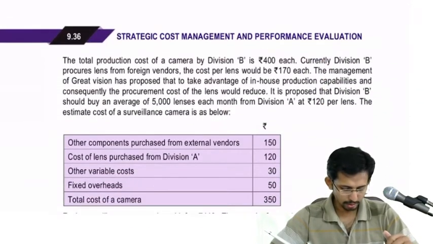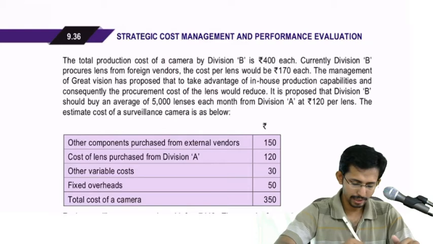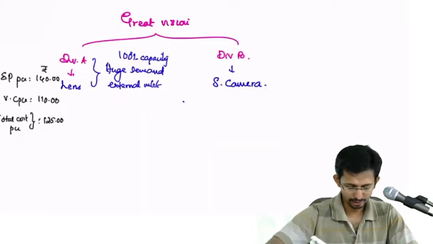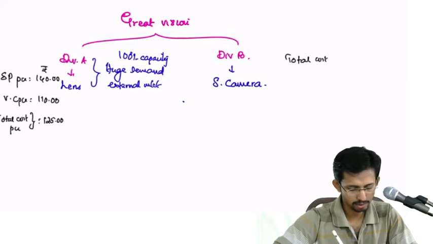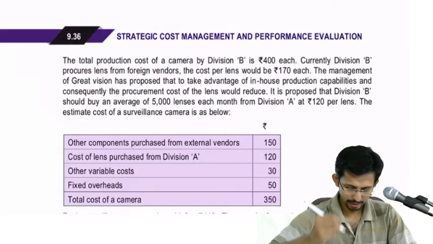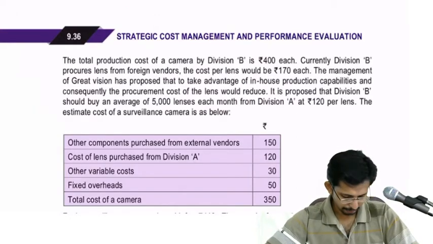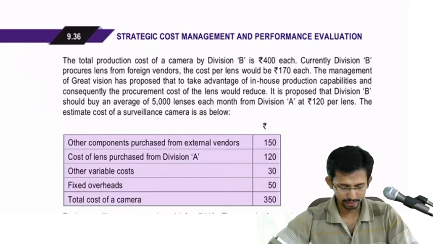Now the total production cost of a camera by Division B is rupees 400 each. So total cost per camera is rupees 400. Then what else? Currently Division B procures lenses from foreign vendors, and the cost per lens would be rupees 170 each.